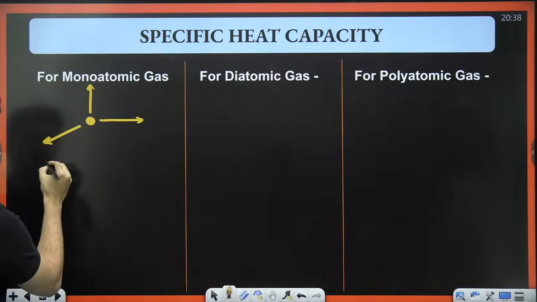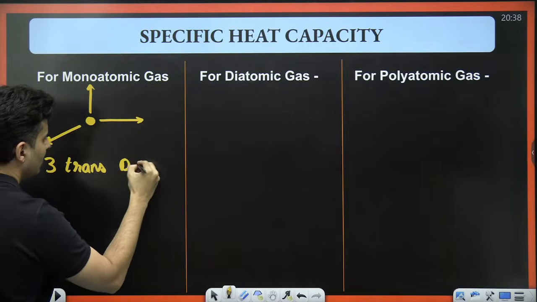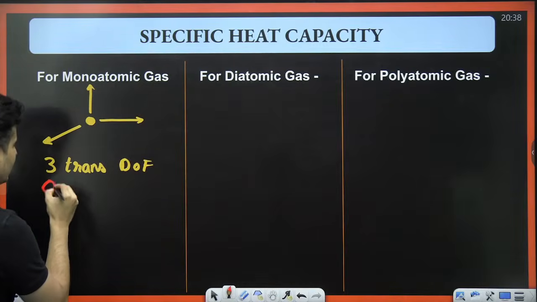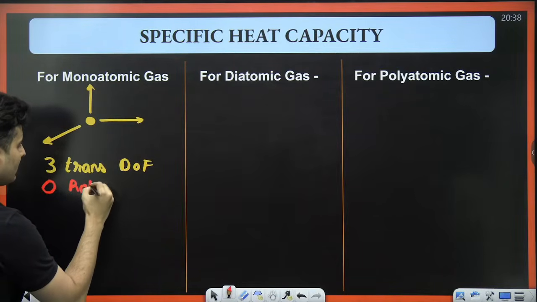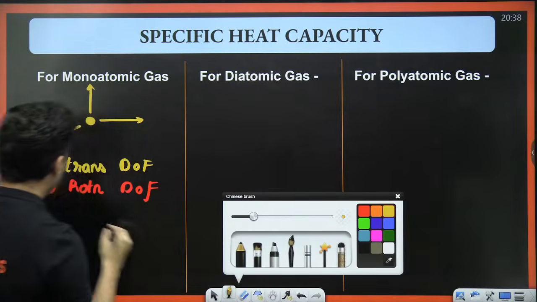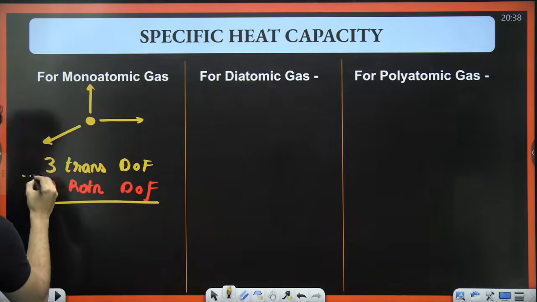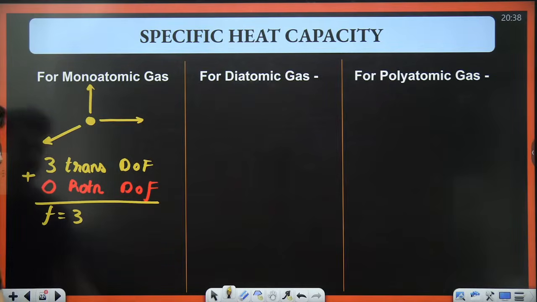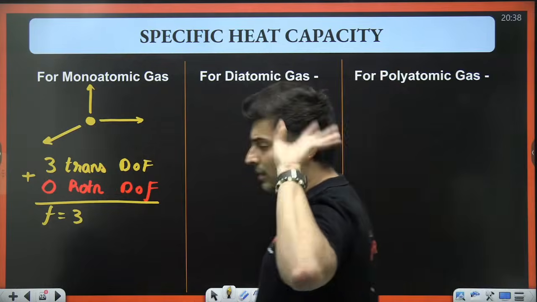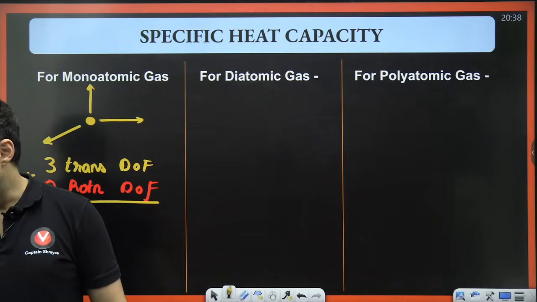That's the reason why I will say it has three translational degrees of freedom, but it has zero rotational degrees of freedom. That's the reason why I will say that the total degrees of freedom is basically 3. The total degrees of freedom, how much it is, my dear warriors? It is the number 3. Very good. No problem, Satyaguru. Everybody fine till this point?